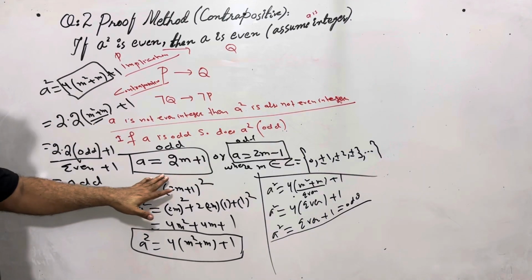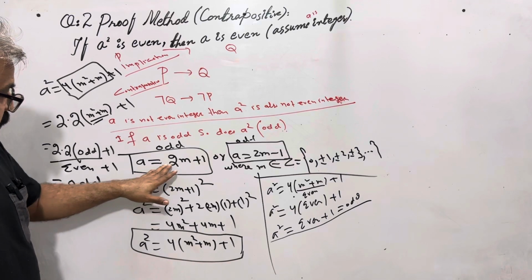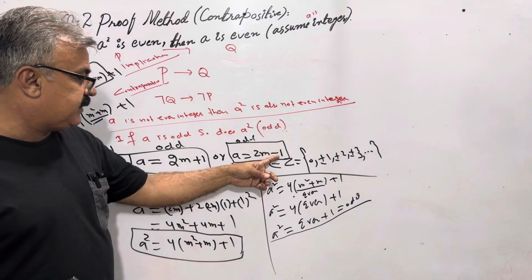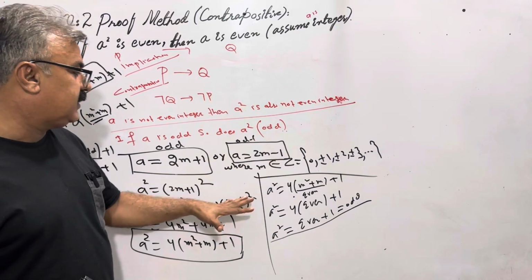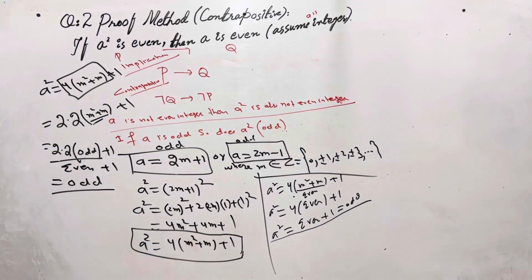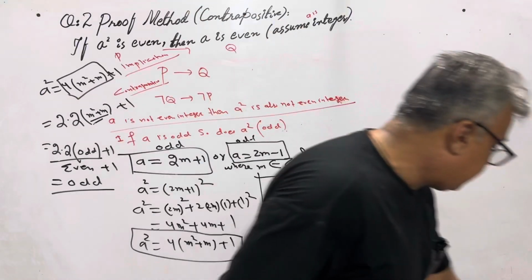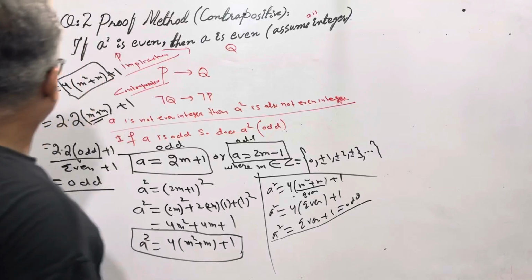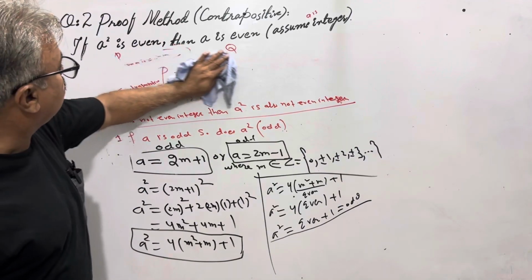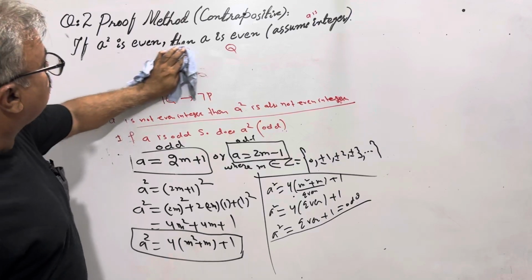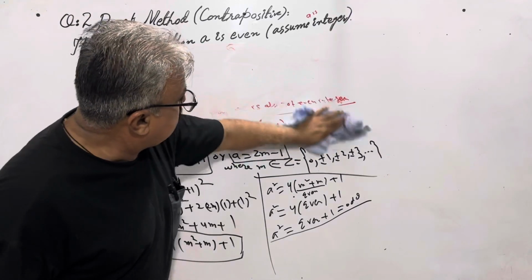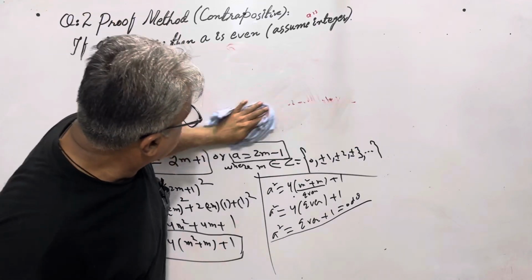I have taken the first possibility where a is equal to 2m plus 1, an odd number. Or we can take 2m minus 1, which also gives us an odd integer. Let's see how.